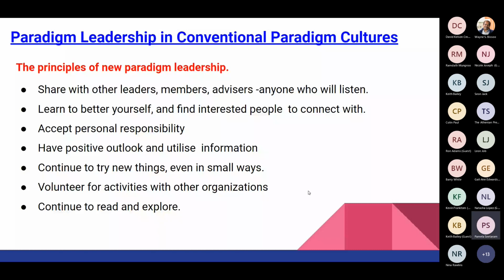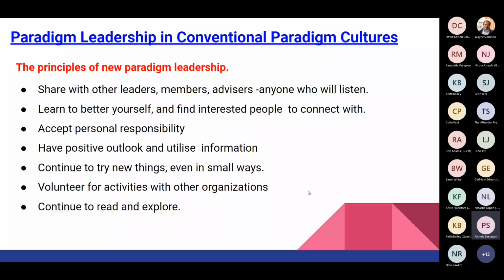By sharing, you do two things: you learn the information better yourself, and you find other interested people with whom you can continue to connect.